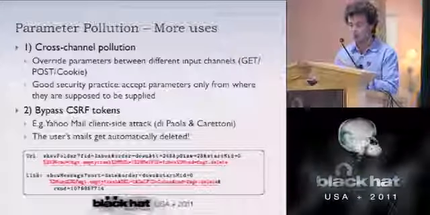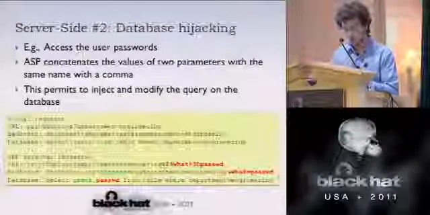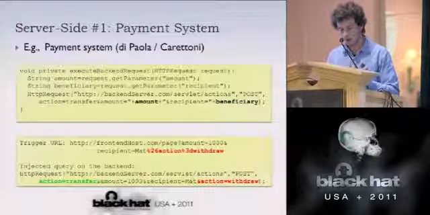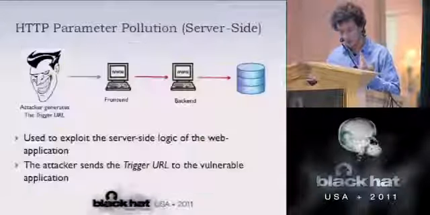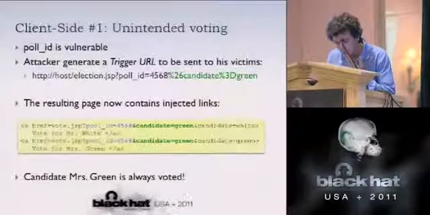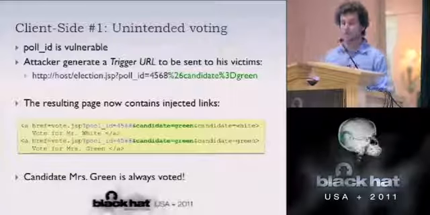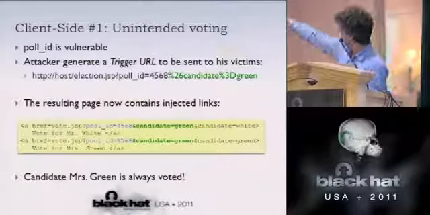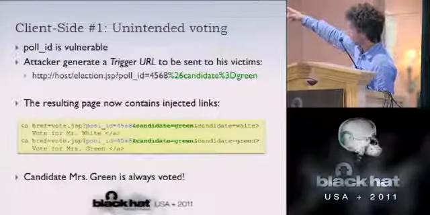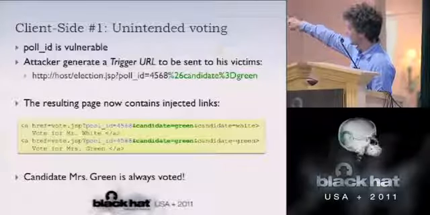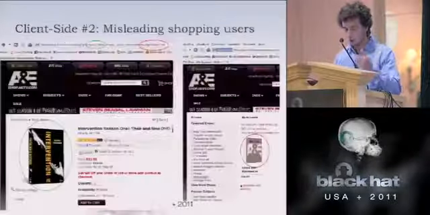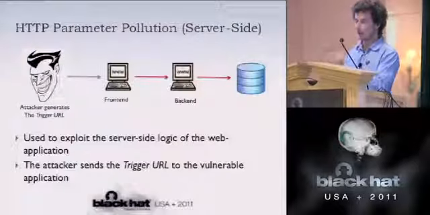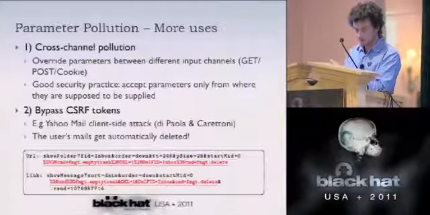In the example we saw before, something simple like this one, you actually inject the parameter in a get. The first one is a get, and then you have your parameter injected in a get below. What you can do is inject in a get and have a parameter override a value in the post.